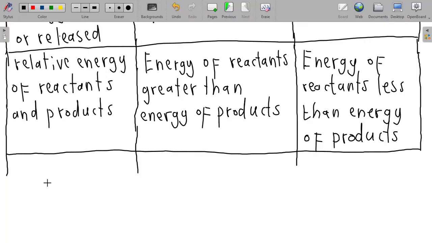Now, the last one is what? The sign of the enthalpy.